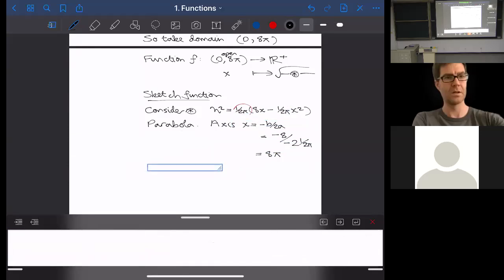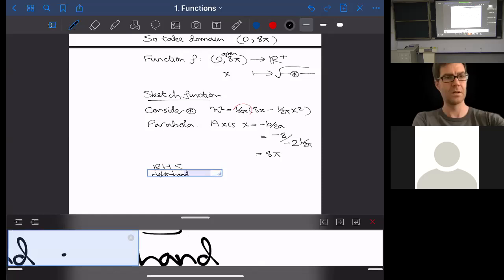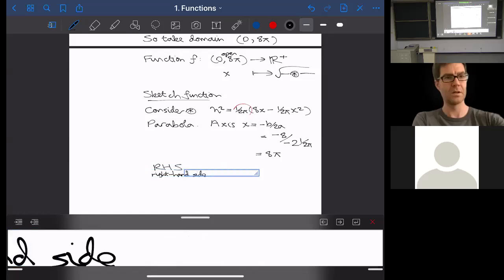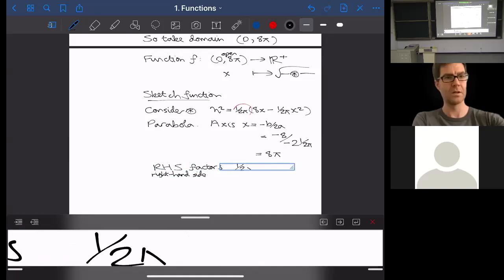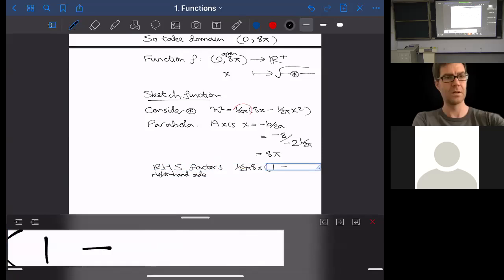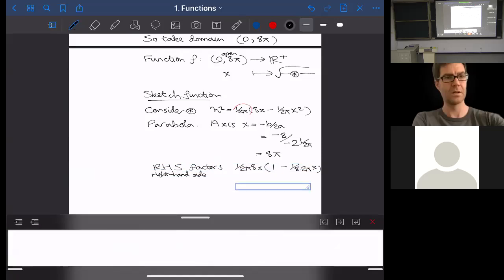So the right-hand side factors into 1 over 2 pi times 8x, and this.